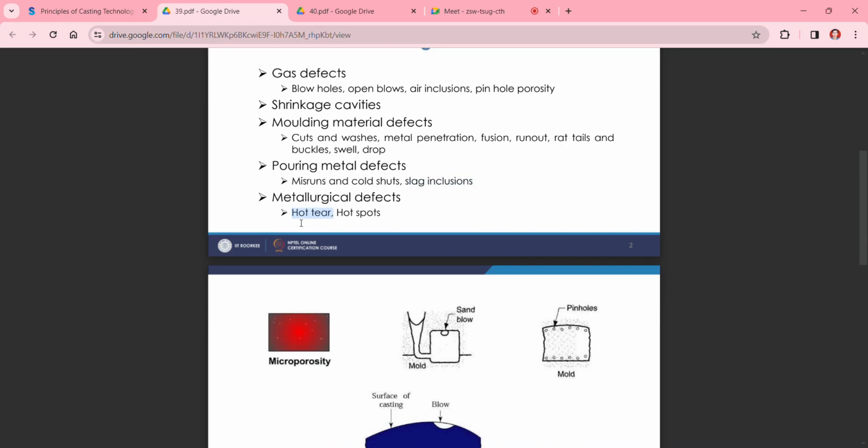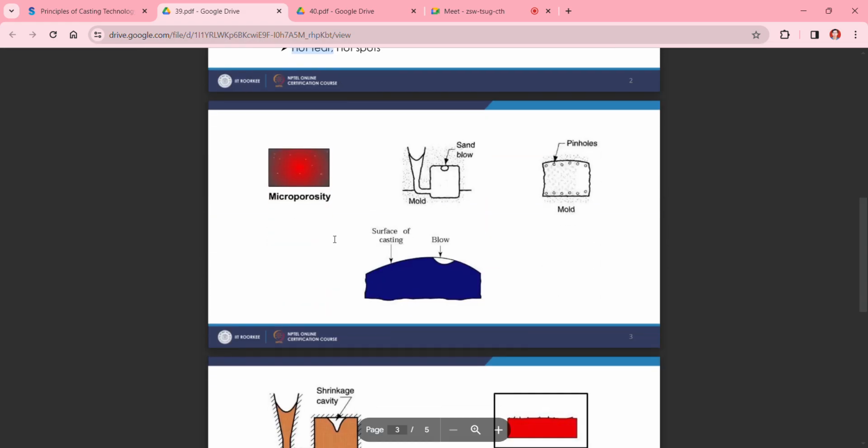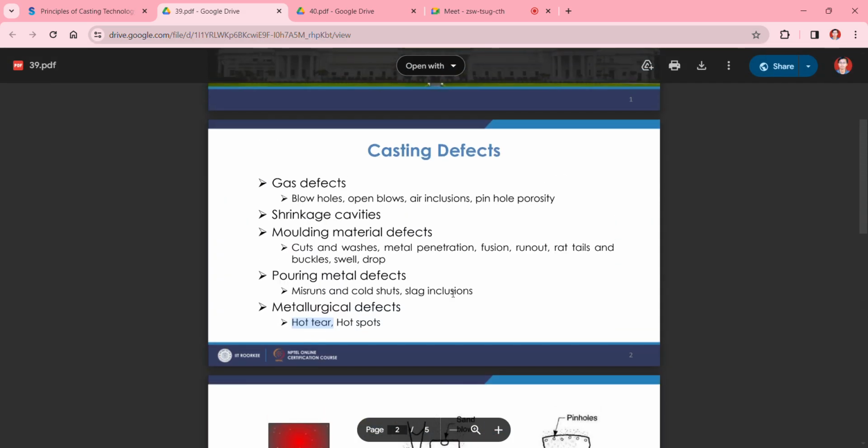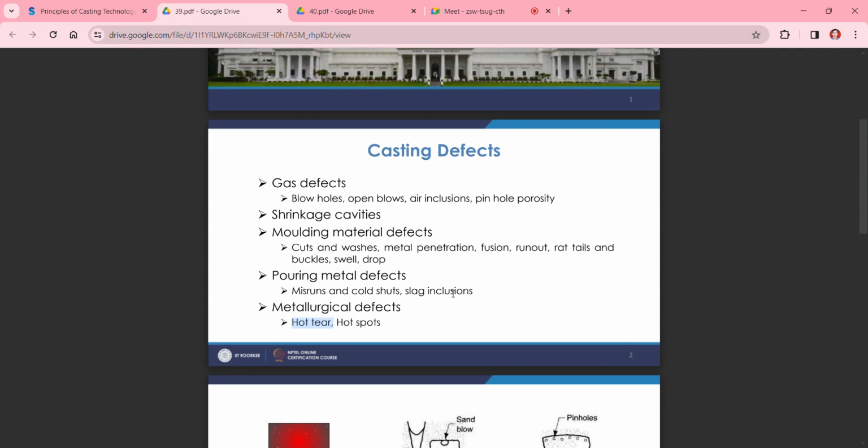Then coming to the hot tear and hot spots. Hot tear defects generally occur due to improper heat transfer during solidification shrinkage. So if proper heat transfer is not there, the hot tear defect will come. Wherever there are sharp corners, to avoid this defect, we generally do not create sharp corners inside our castings.